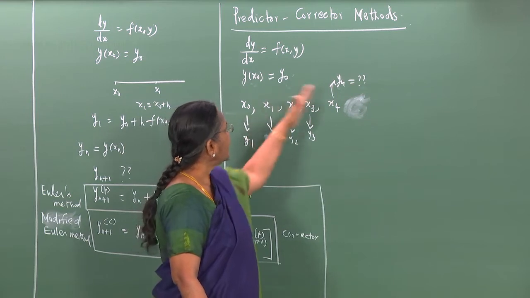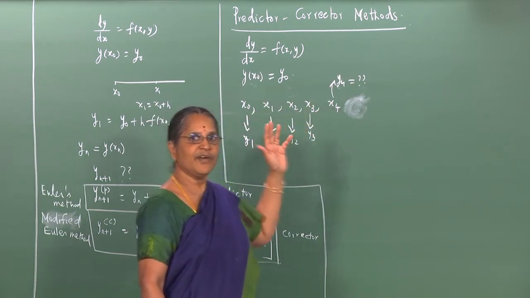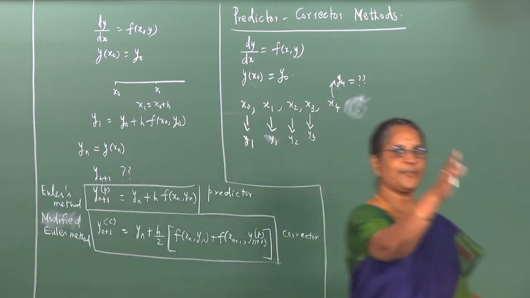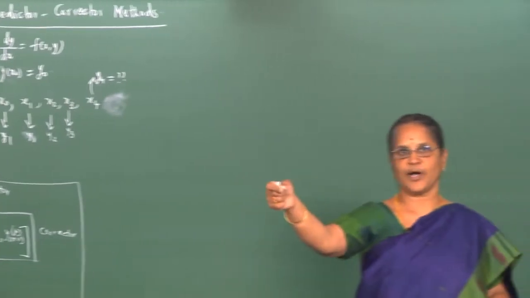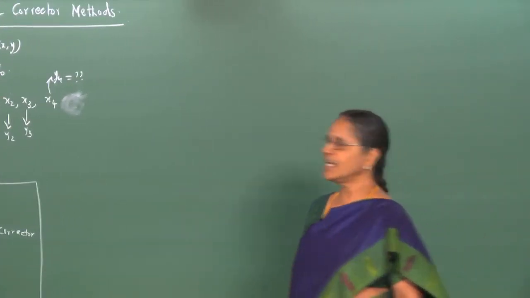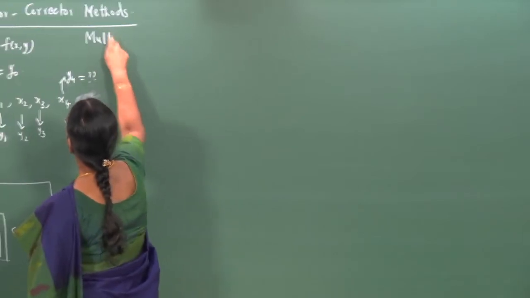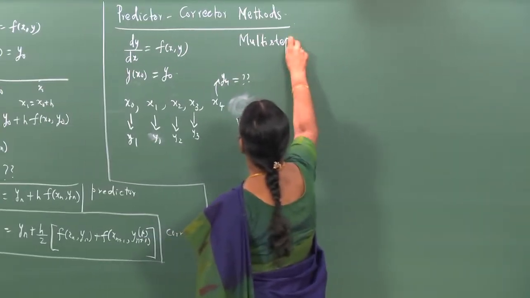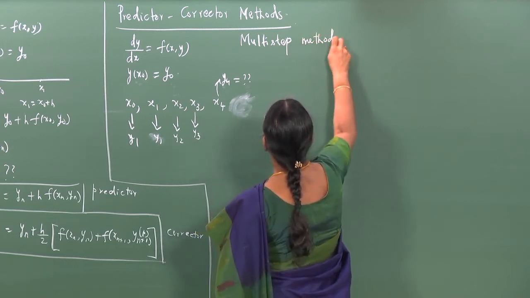The methods that we derive by requiring that information is needed at a set of previous points in order to obtain the solution at this point are called multi-step methods. So, essentially we will be deriving what are referred to as multi-step methods.